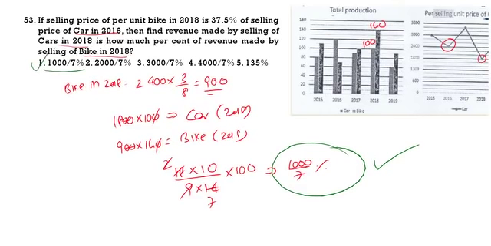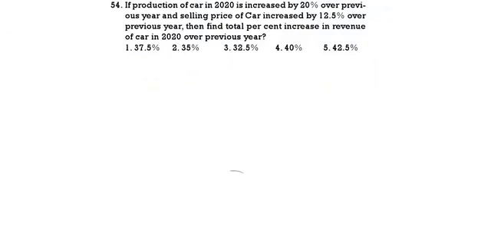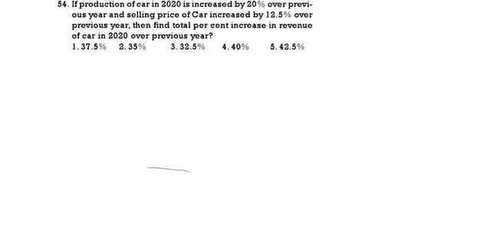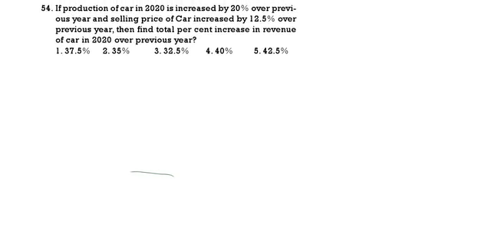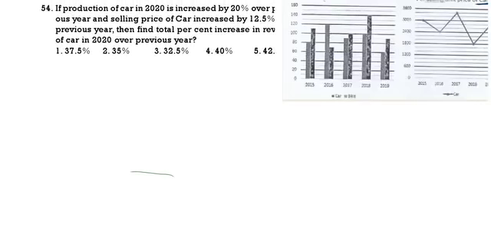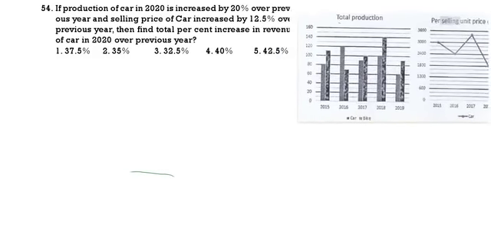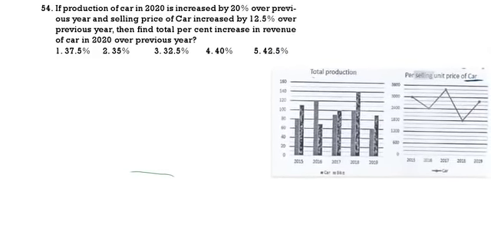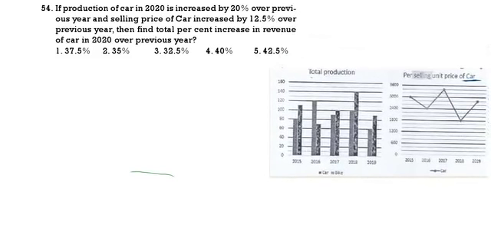See the next one. If the production of the car is increased in 2020 by 20% over the previous year. So previous year we are having how many cars? 60. Now this is increased by 20%. So cars in 2020: 60 into 6 by 5, that is 72.